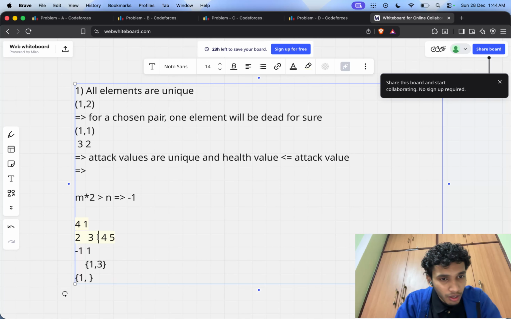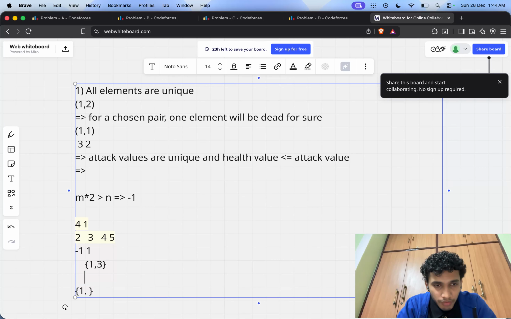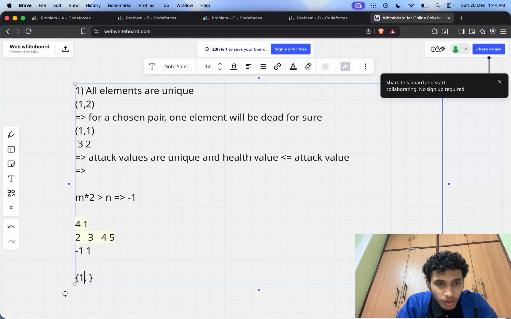The health value after this prefix has already fought is smaller than the current attack value, and the attack value is smaller than the attack value of this particular number, and this number has not fought before, so its health value is always also greater than the health value of this number. So if these two elements fight, only 4 will be surviving, and with what value? 4 will be surviving. Let's say 4 has attacked, and what is the value 4 has? It is 1. All right.